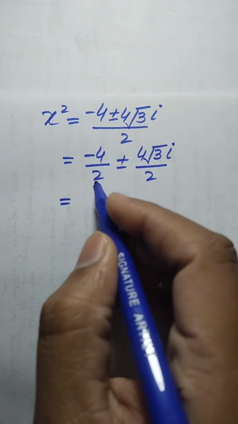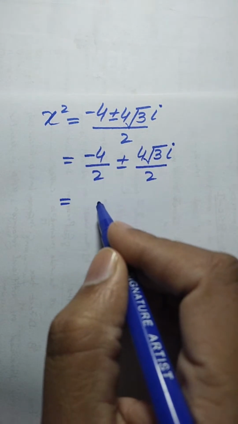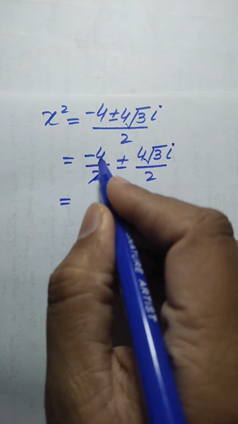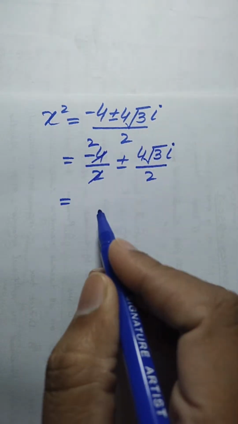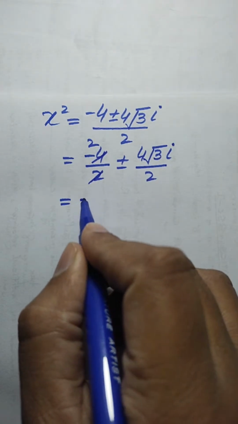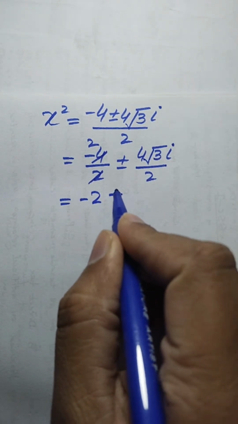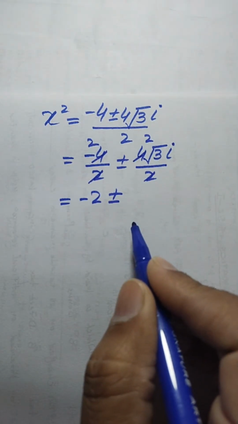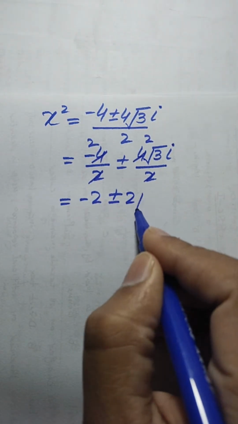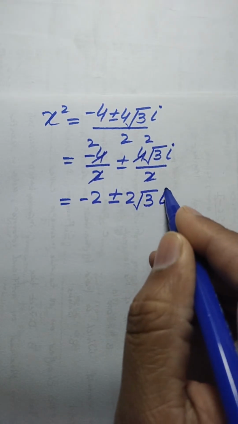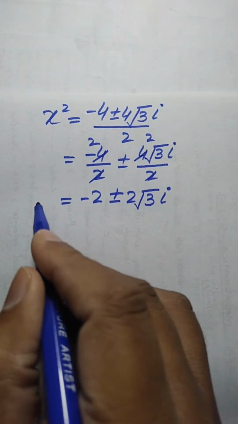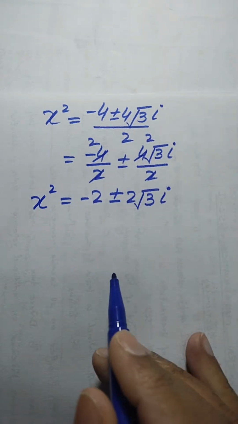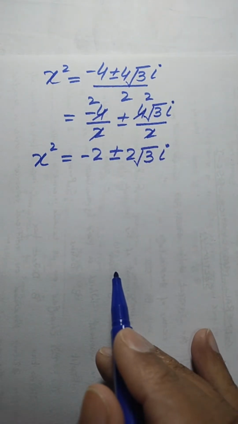So we obtain, these are cancelled out by each other, and we get minus 2 plus minus, this is also 2 times 2 becomes 4, and we get 2 times square root of 3 into iota. So these are the two values of x square.